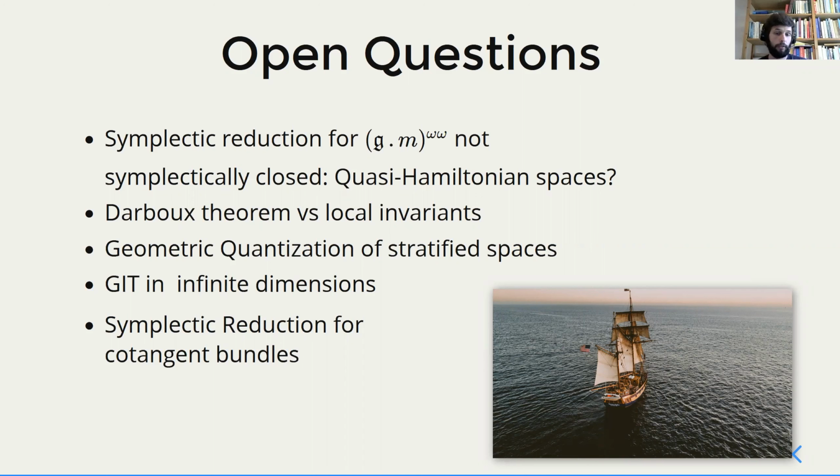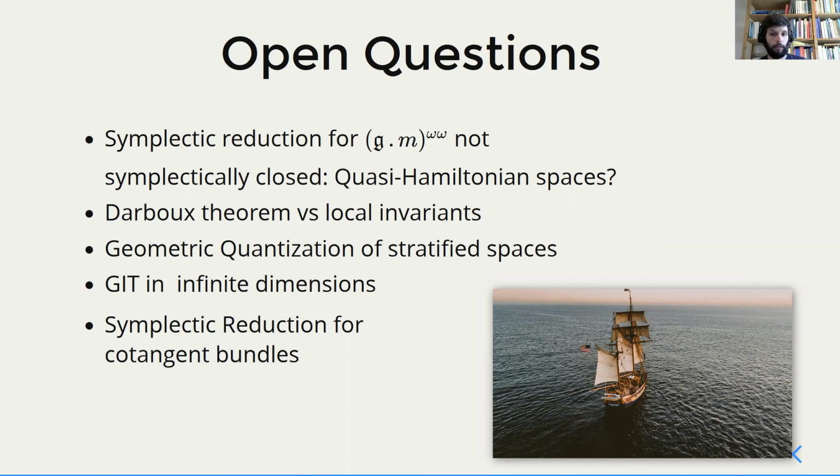Then I said that the Darboux theorem fails for weakly symplectic Banach or even Hilbert manifolds. So that means that in contrast to the finite dimensional case, in infinite dimensions we really have local invariants of our symplectic forms. But as far as I know, no one knows what kind of invariants these are.